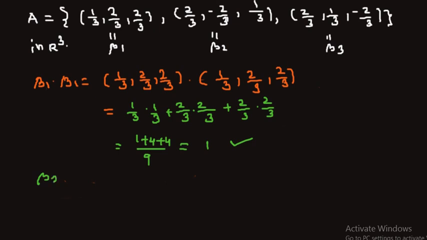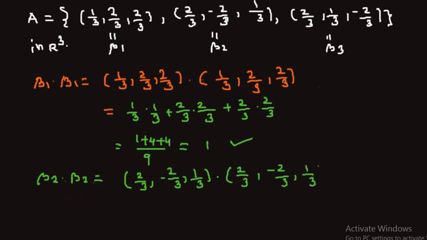Let's check beta 2 multiplied with beta 2. Here we get 2 by 3, minus 2 by 3, 1 by 3 multiplied with 2 by 3, minus 2 by 3, 1 by 3.